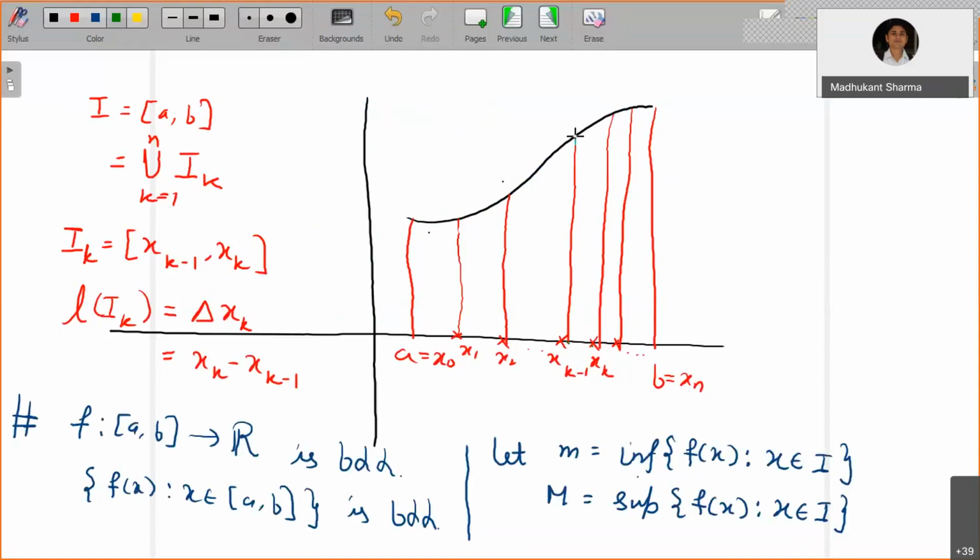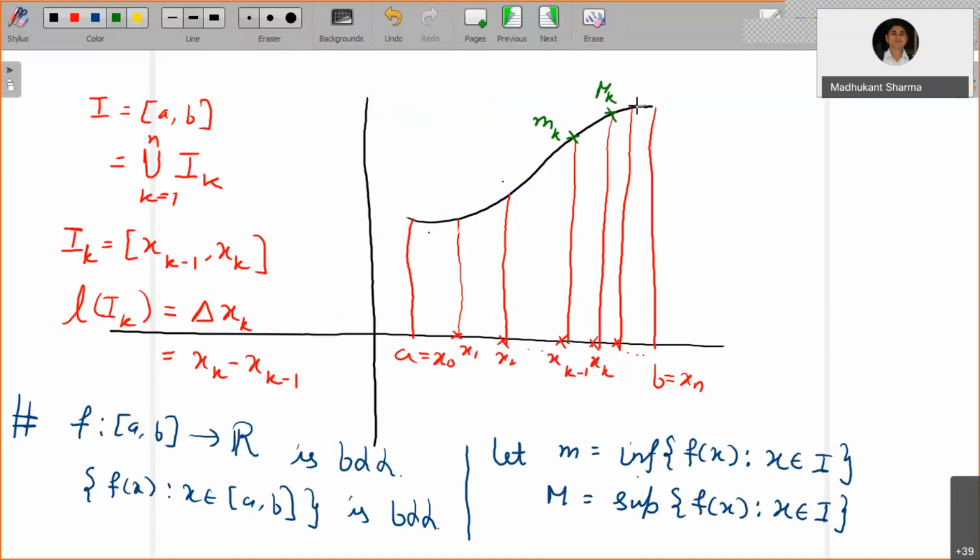So certainly small mk lies at the left-hand point of the interval. This is going to be small mk if I look at the graph of the function. And if you try to identify the capital Mk, it is going to be at the right end of the interval for this particular case.